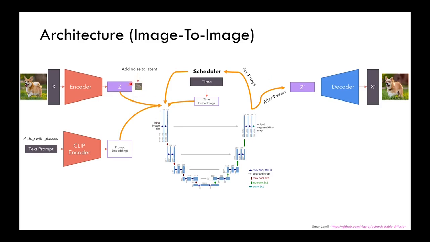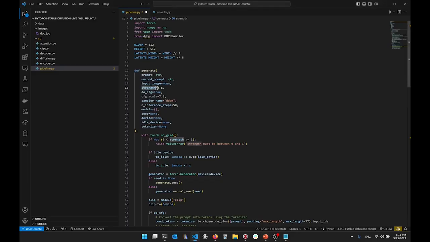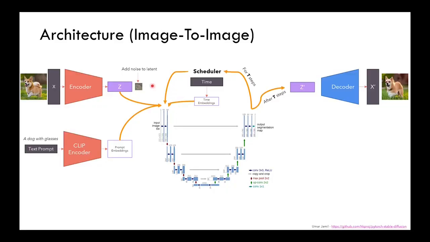But if we add less noise to this initial image, the model cannot be very creative, because most of the image is already defined, so there is not much noise to remove. So we expect that the output will resemble more or less the input. The more noise we add, the less the output will resemble the input. The less noise we add, the more the output will resemble the input, because the scheduler, the UNet, has less possibility of changing the image, because there is less noise.